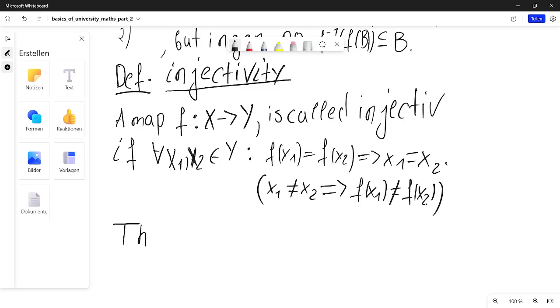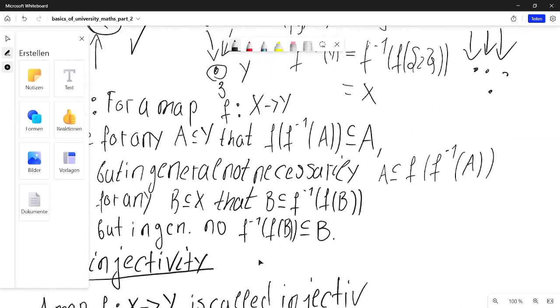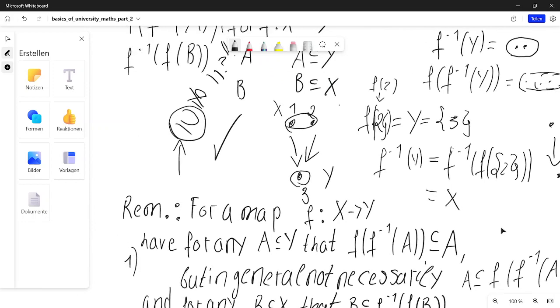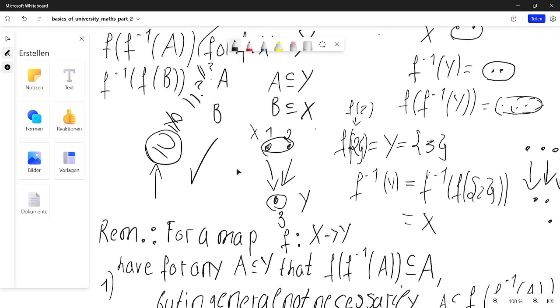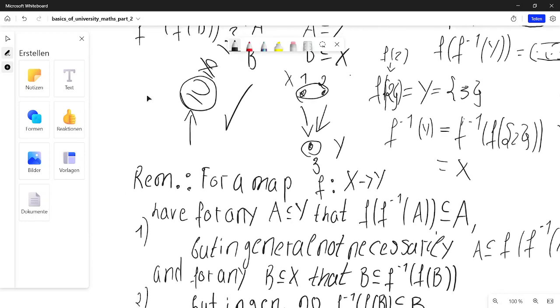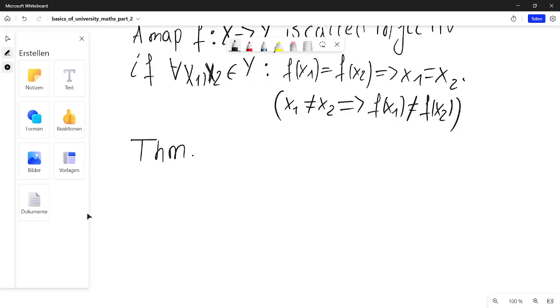Our guess is that for such maps, indeed, the following holds. Indeed, that is true, if I'm writing a theorem that for such maps we already have that f minus 1 of f of B equals B. Theorem. Let f be an injective map. We write that in short fashion like this.